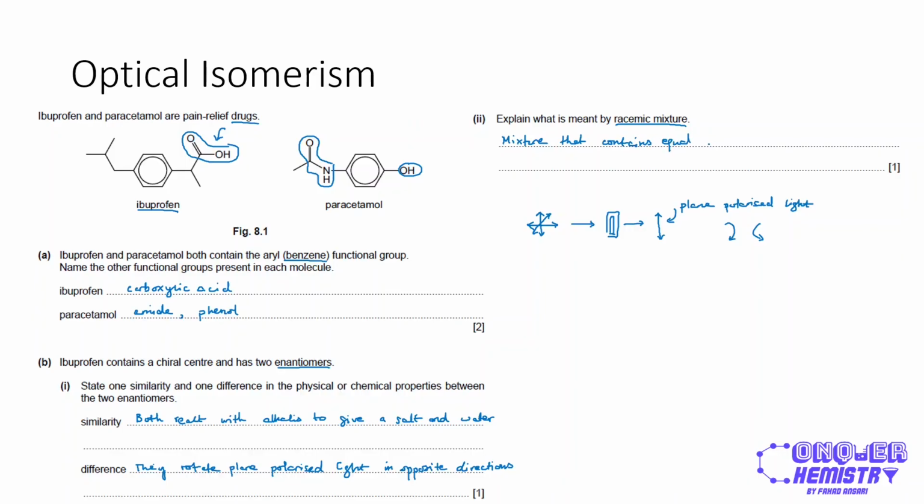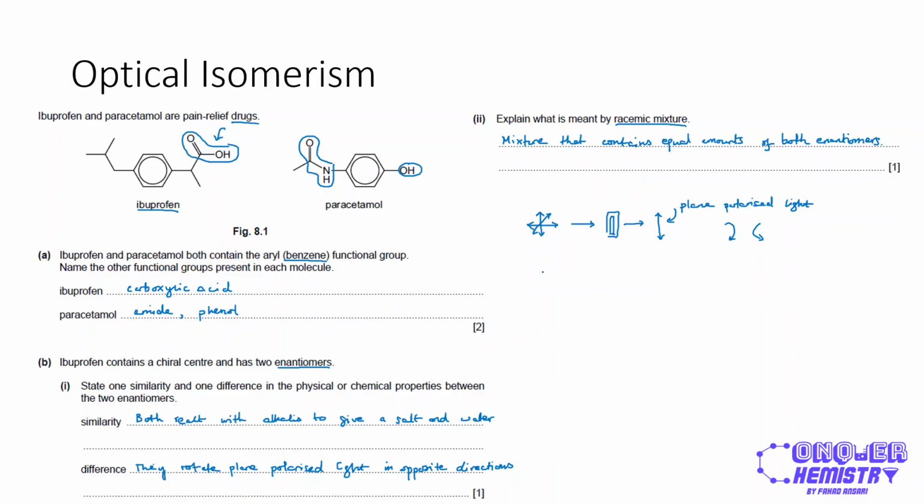So it becomes important to separate the enantiomers into the one that has the desired effect on the body, and the other that might have some nasty side effects.